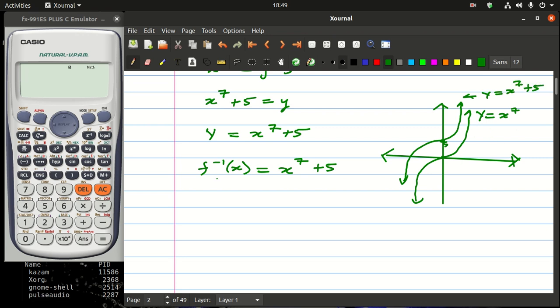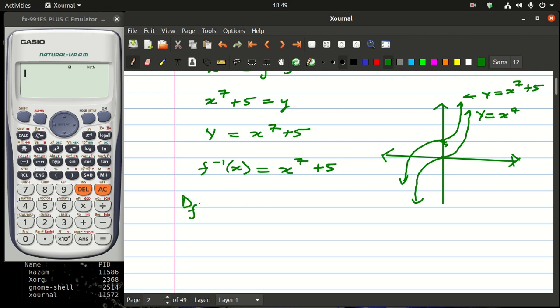Now, if we want to find the domain of this, we can look at the graph. As long as I keep cutting the x-axis, I will always cut this curve. Or I can plug in values: if I plug in a negative value, this is defined; if I plug in a positive value, this is defined; if I plug in a 0, this is always defined.